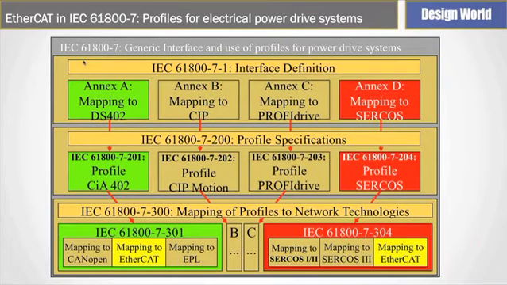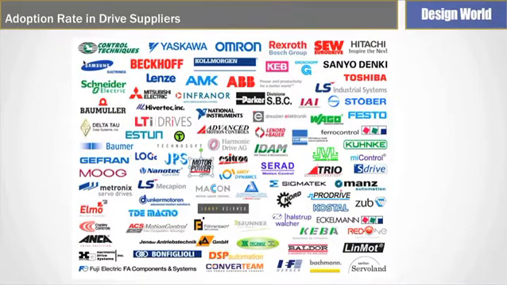You can purchase drives from vendors that have CANopen objects, CiA 402, or are conformant to the SERCOS IDN specifications. So there's a large variety of device vendors for drives. There are actually 90 different vendors currently, adding to them weekly, creating and selling EtherCAT drives.